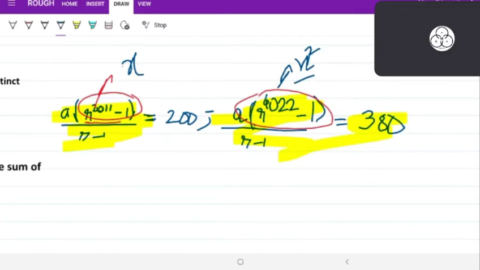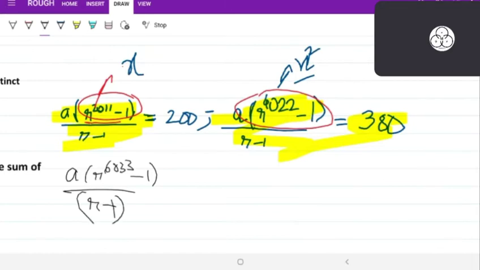Now there's a contradiction: if you solve it using this method, how can you find the value of A into R to the power 6033? Say this is equal to some k. Now you know the value of x, so you know this value because this is nothing else but x cube.